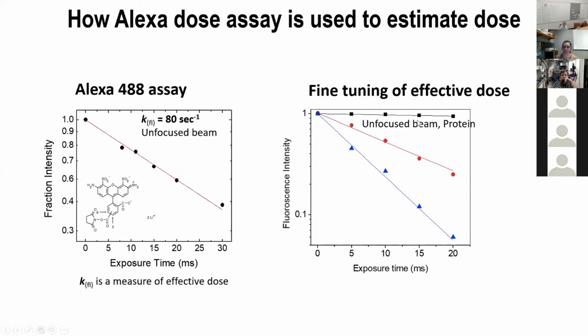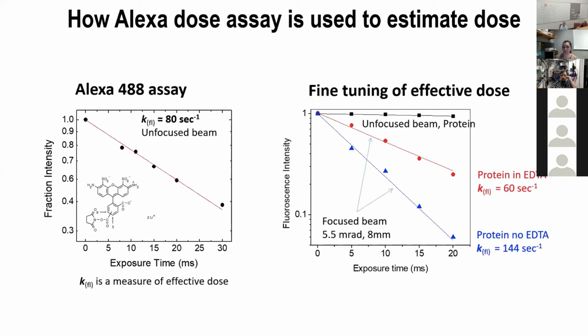So here's a black curve. You see, the user came with a protein in detergent, and we used an unfocused beam, and we don't see any rate basically. So it's kind of a big amount of scavenging because of the detergent. When he used the focused beam, we actually saw two different doses with two different proteins in two different environments, like protein in EDTA, we got 60, and protein with no EDTA, 144.